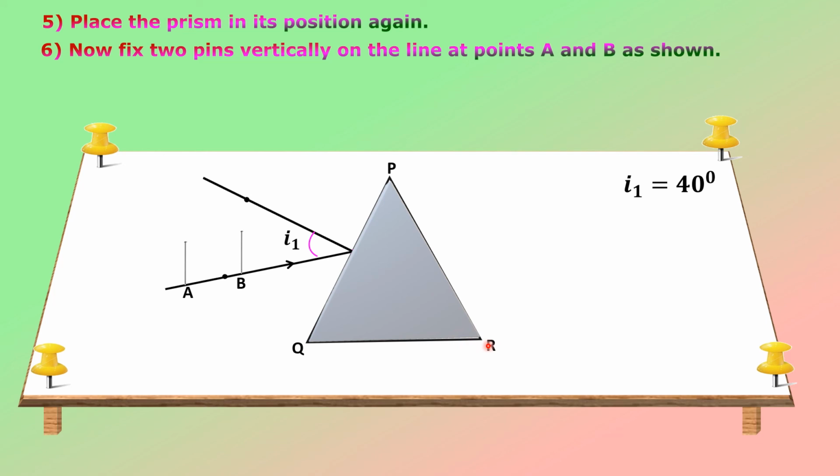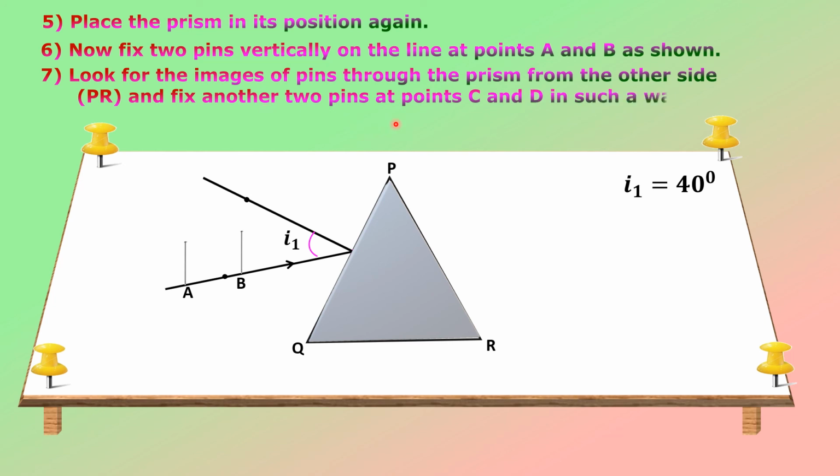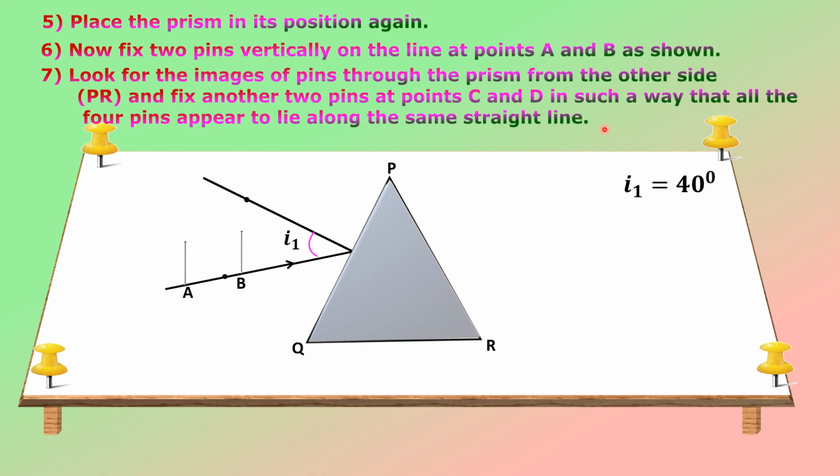See here, look for the images of the pins through the prism from the other side PR and fix another two pins at points C and D in such a way that all the four pins appear to lie along the same straight line.